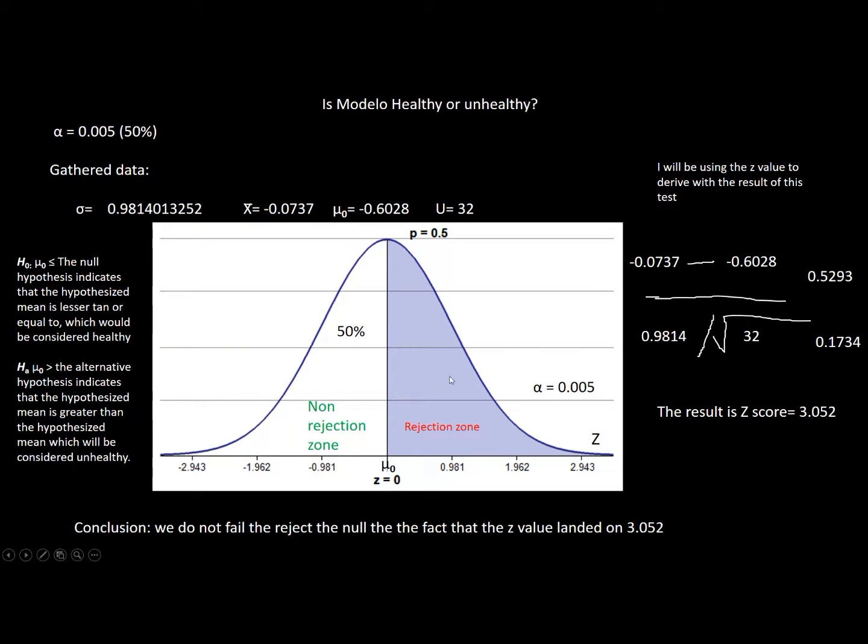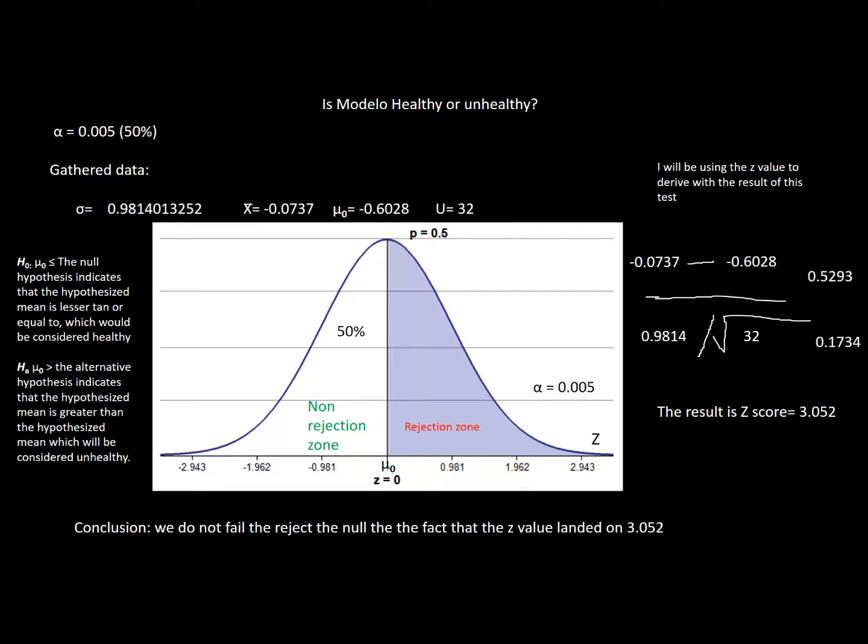So this 40 percentage that you see here is the unhealthy side, and this one is the non-rejection zone, which implies that if the z value ends up here, it is healthy. But the z value ended up here, which was 3.052. The result of this formula gave us the z score of 3.052, which is here.